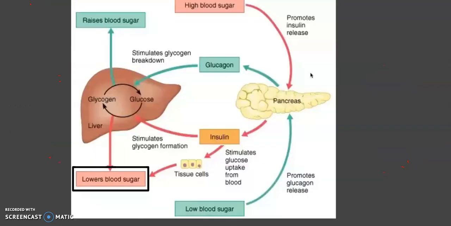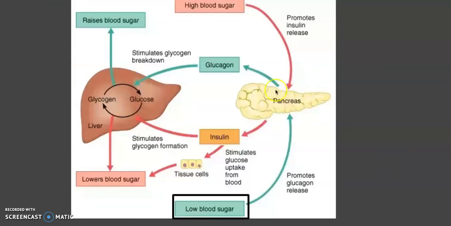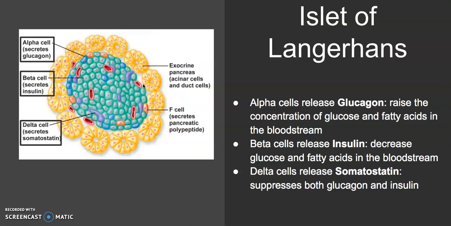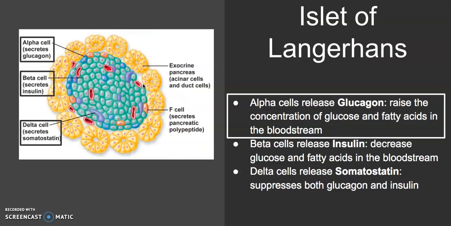So next, we're going to talk about what happens when we have low blood sugar. And now we're following this blue pathway here. So again, we're also dealing with the organ of the pancreas. But let's look again. Now we're dealing with alpha cells. And they secrete a hormone called glucagon.